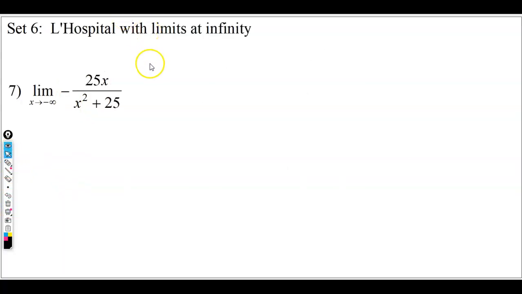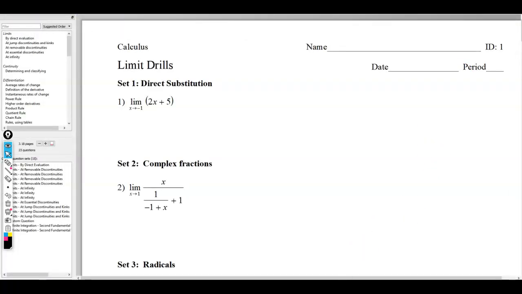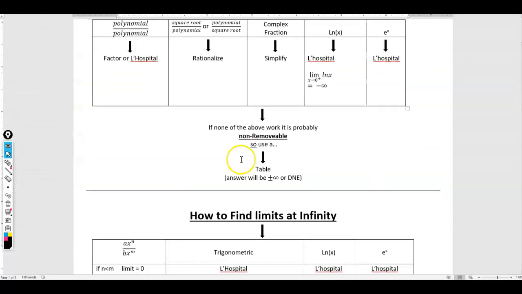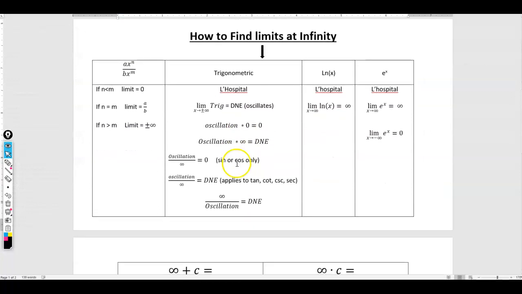All right. Now we're going to start talking about limits at infinity. So I'm going to pause my example problems here for a second. We're going to talk about some stuff pertaining to limits at infinity: how to find limits at infinity.